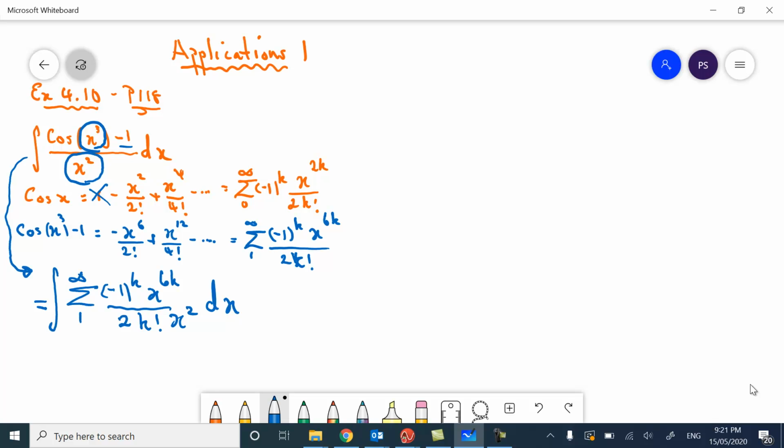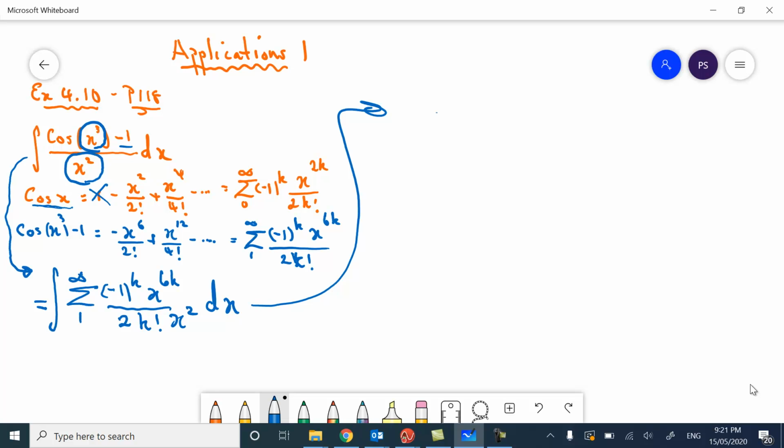Now, dividing by x squared is just going to subtract 2 off that power. The other thing too is you will remember, cos x converges to that series for any single value of x. So we can take that integral sign and place it inside the summation sign.